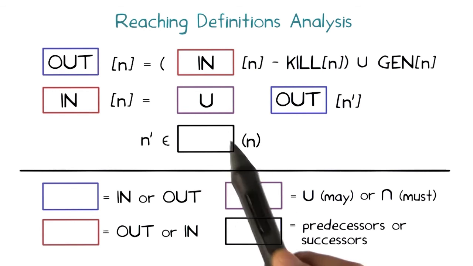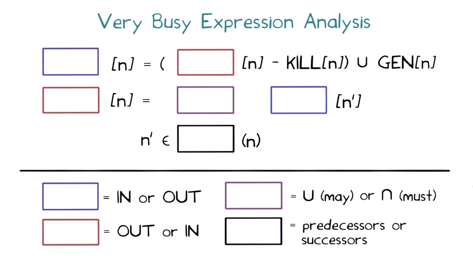Next, let's look at very busy expressions analysis. This is the polar opposite of reaching definitions analysis. It is a backward must analysis. This analysis computes must information because the goal of the analysis is to find expressions that are used along all paths before any variable occurring in them is redefined.